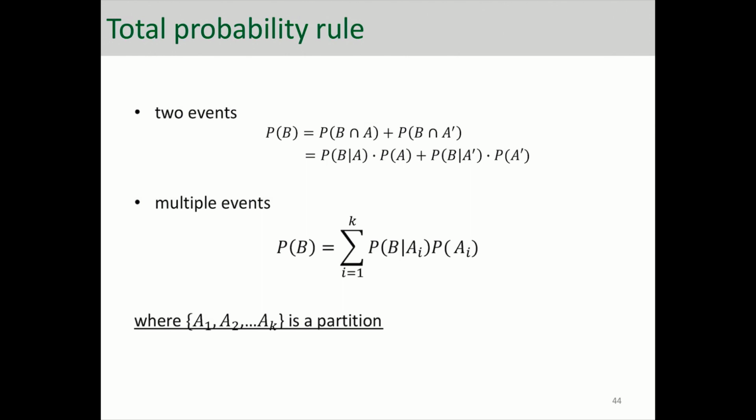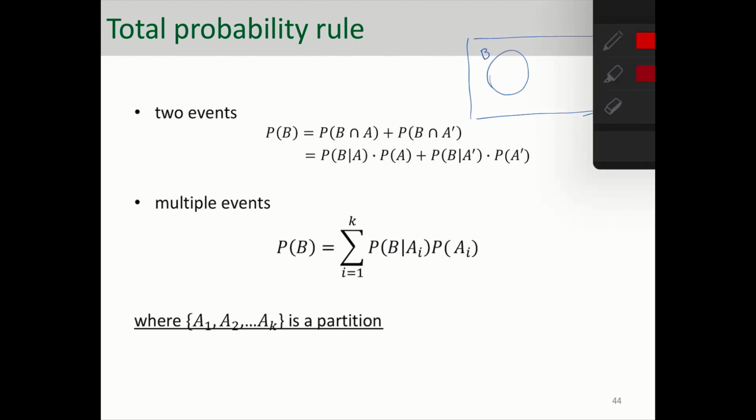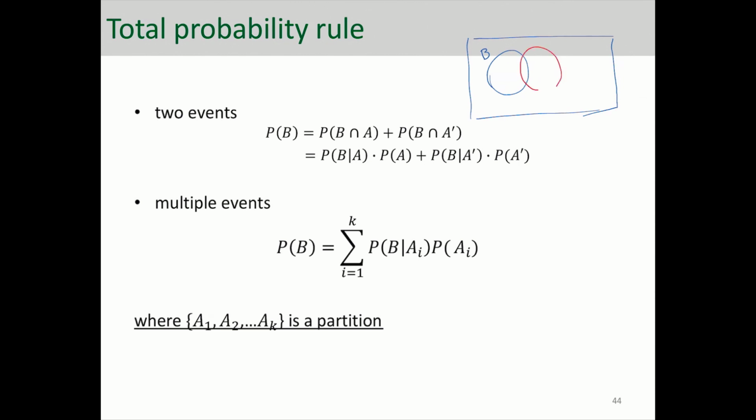So let's draw a Venn diagram and explore this a little more. We have this event B, and we also have an event, let's say A, somewhere in this sample space, and they have this intersection area. The total probability rule says the probability of B is equal to the intersection of B with A plus the intersection of B with A prime.